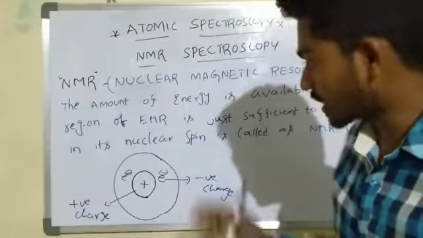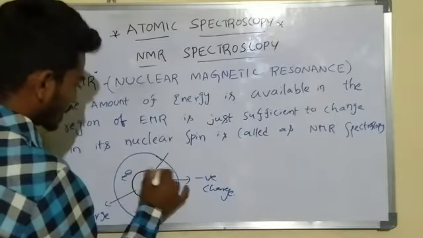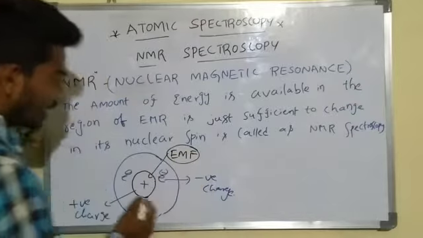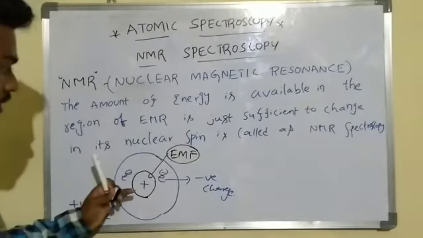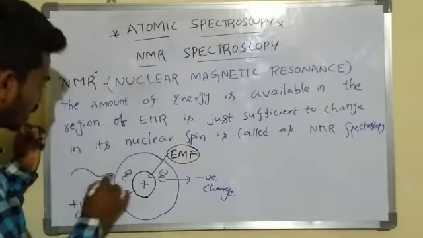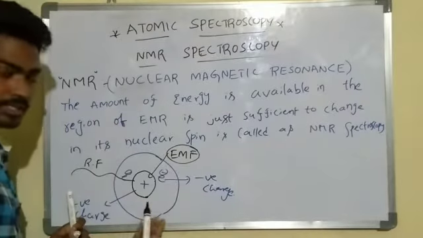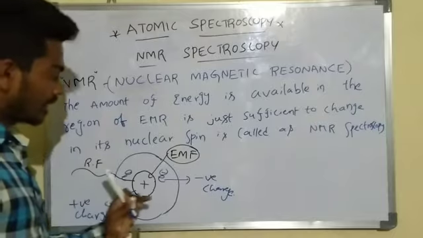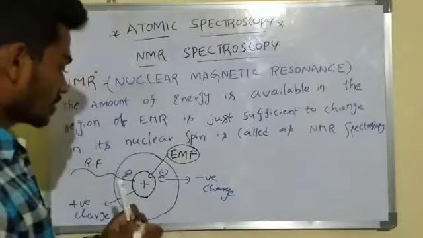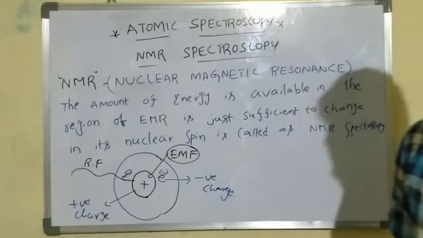So we provide an external magnetic field, and the degeneracy is removed by applying the external magnetic field. Then the nucleus absorbs a radio frequency source, transitions take place, and we get an NMR spectrum.